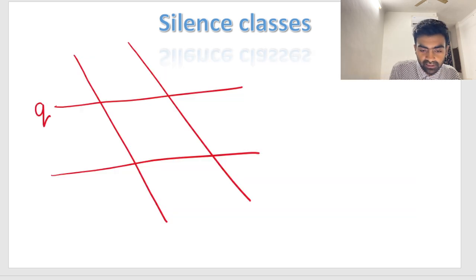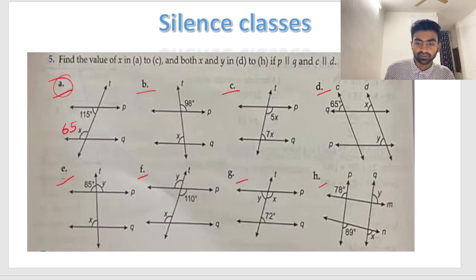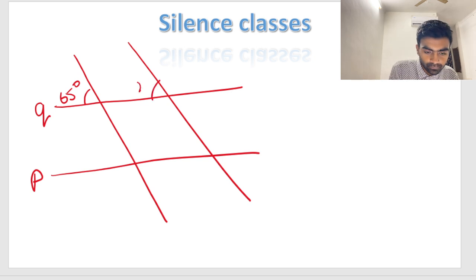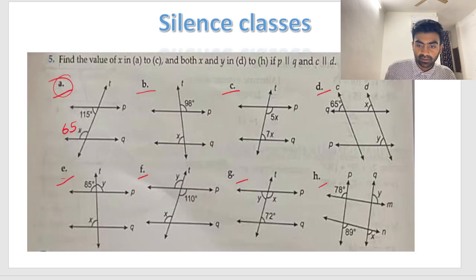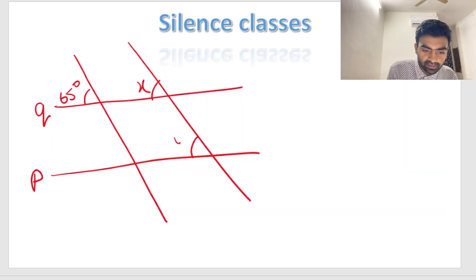Q and P. This one is 65 degrees. This one is X, and this one is Y. The question is very easy. All these are parallel lines.